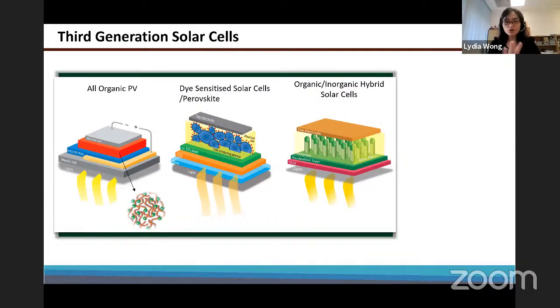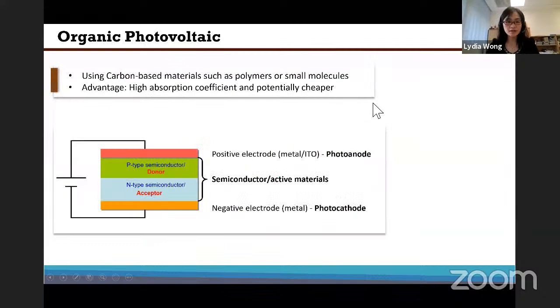And now I want to move on to the third generation of solar cells. My discussion so far only deals with inorganic materials. In the third generation of solar cells, we start to use organic materials like polymers, small molecules, etc. In general, we have organic photovoltaic, dye-sensitized solar cell, or perovskite, as well as organic-inorganic hybrid solar cell.